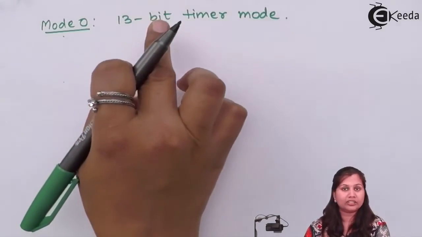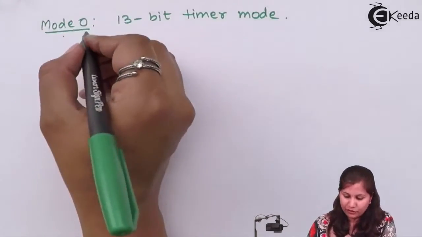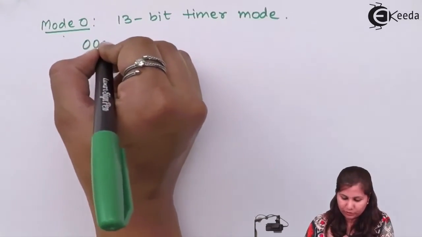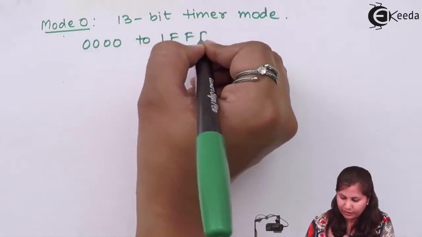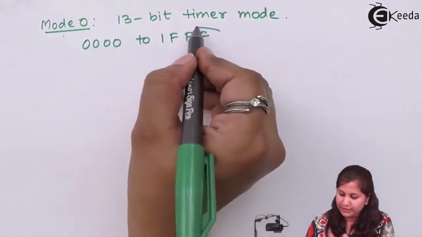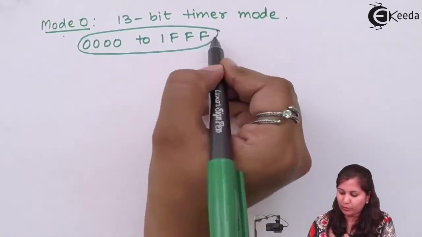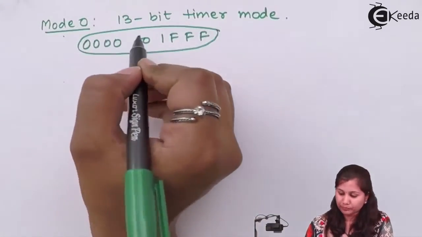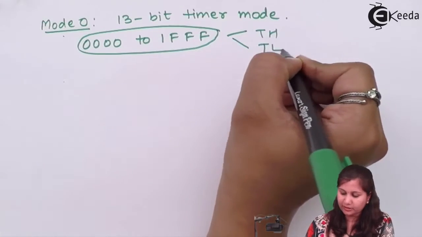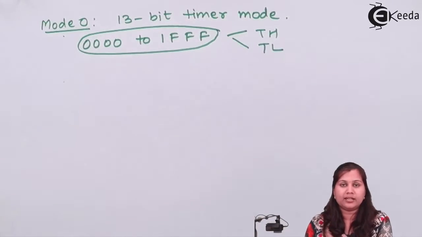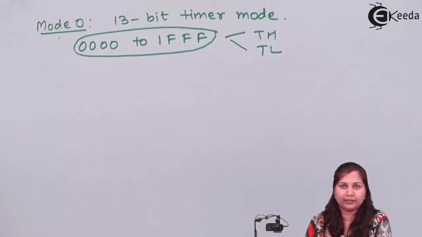But here we are having 13 bits, so its range will be reduced: 0000 to 1FFF. So this is the maximum count value allowed in mode 0. This is loaded into the TH and TL registers. Counter is started. When overflow is achieved, the overflow flag bit is set. Then timers are stopped by clearing the bits.